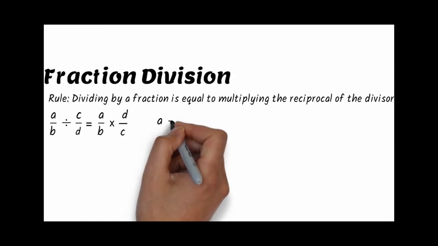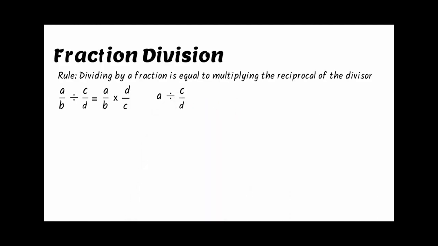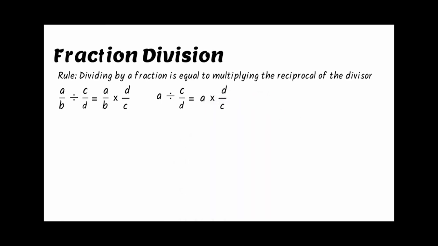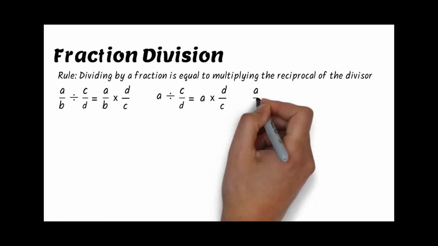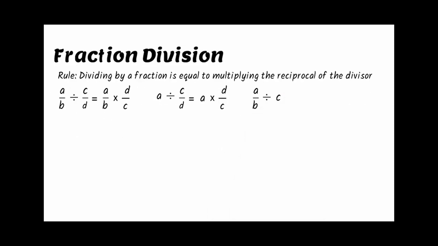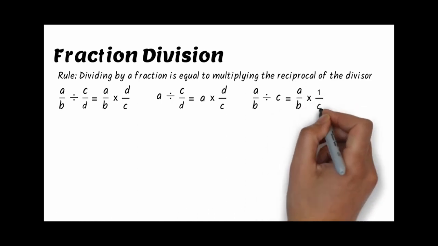Now if I have an integer a divided by a fraction c/d, that is equivalent to a multiplied by the reciprocal of c/d, which is d/c. And very similarly, if I have a fraction a/b divided by an integer, then it is the same as this fraction multiplied by the reciprocal of the integer.